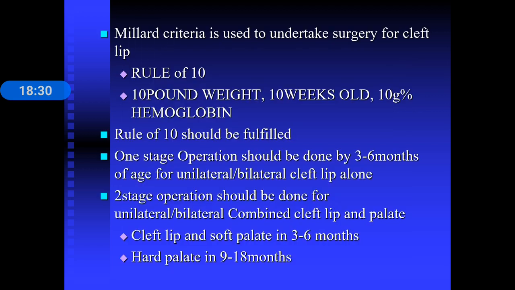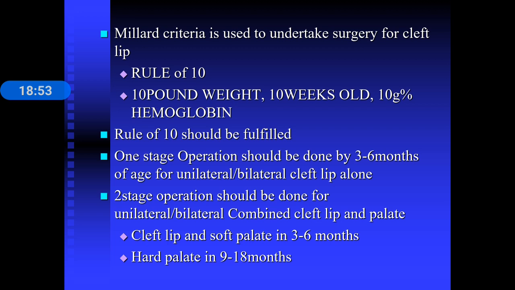Millard's criteria is used to undertake surgery for a cleft lip. The rule of 10: the baby must have a weight of at least 10 pounds, should be 10 weeks old, and should have a blood hemoglobin of 10 gram%. So around 3 months is the ideal time to perform the surgery.